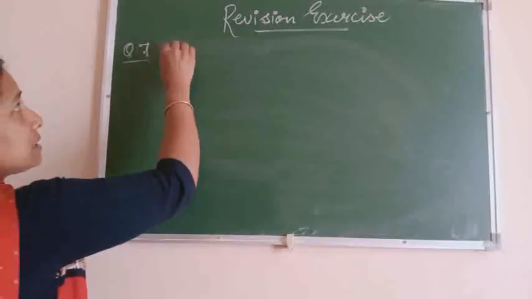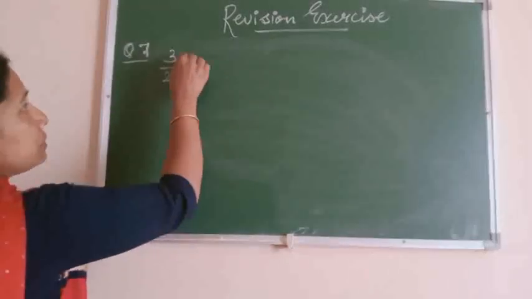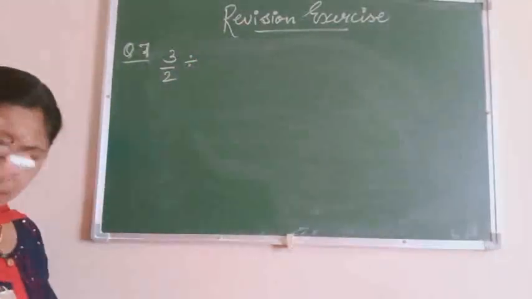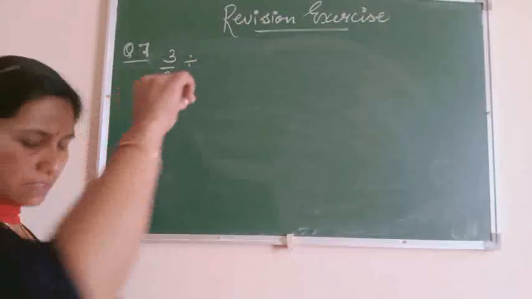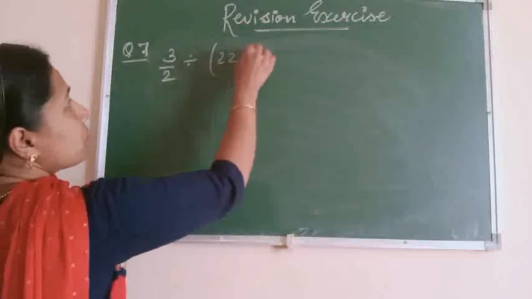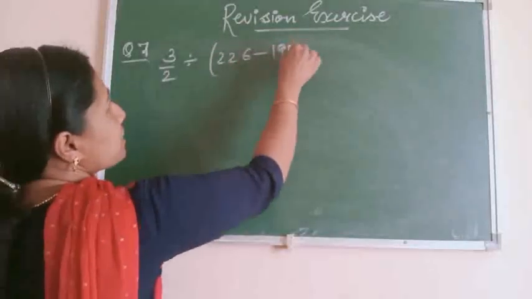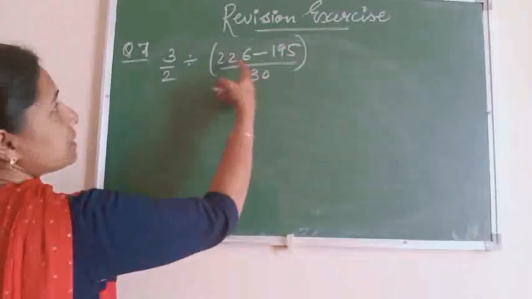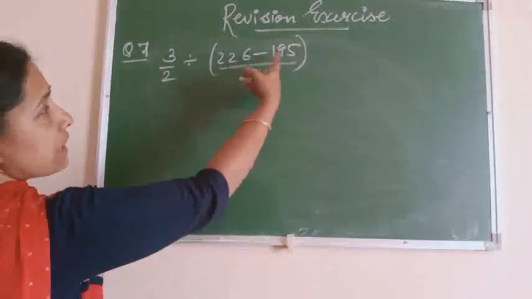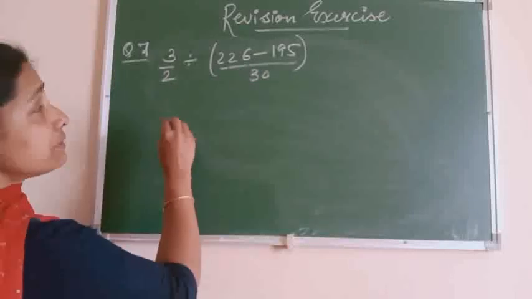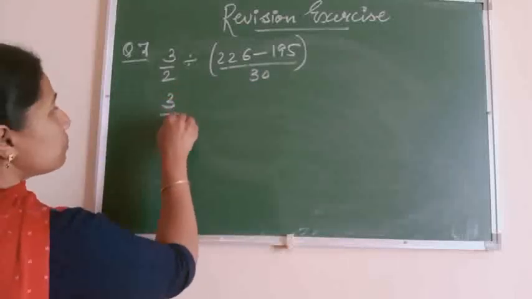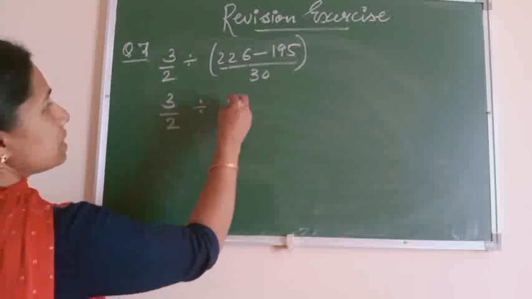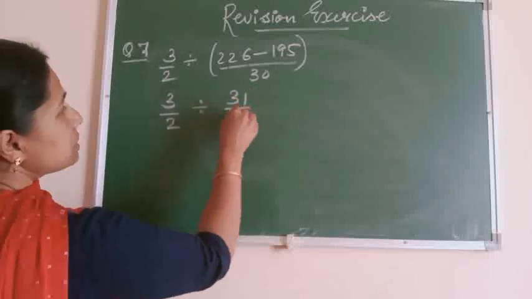So in the last step you got 3/2 divided by (226 minus 195)/30. After subtracting 226 minus 195 you got 31. So it is 3/2 divided by 31/30.